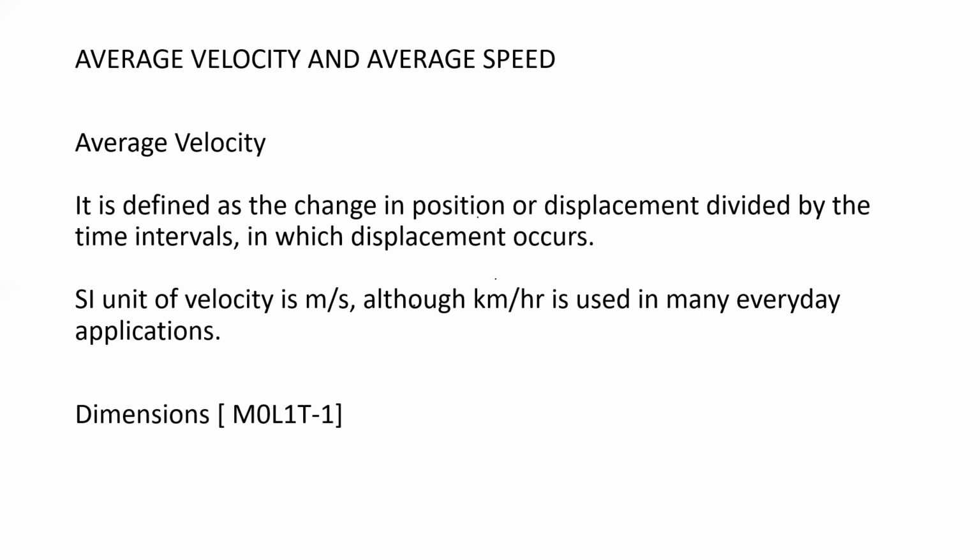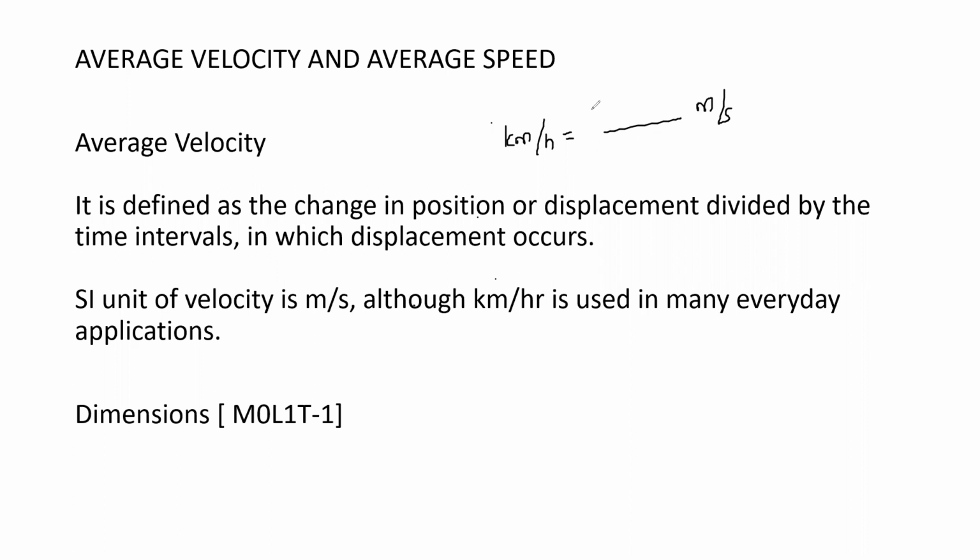So here we can see one conversion factor also, how we can convert, because I have given you the unit. Sometimes we take it as meter per second, sometimes as kilometer per hour. So we can write this kilometer per hour and convert it in terms of meter per second. How?